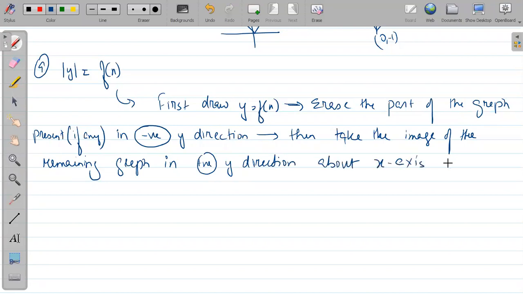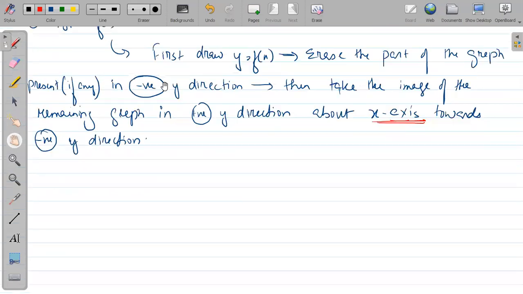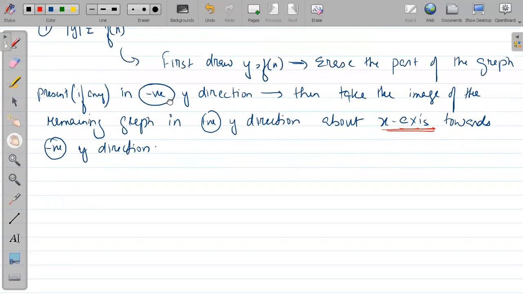Here the keyword is about the x-axis, towards the negative y direction. Point numbers 7 and 8 are similar, and 8 and 9 are similar. You can see, first you have to erase. Let me take an example from which you will better understand.